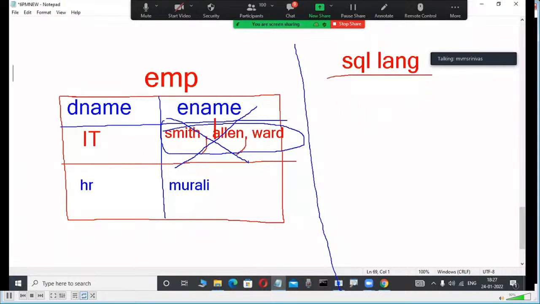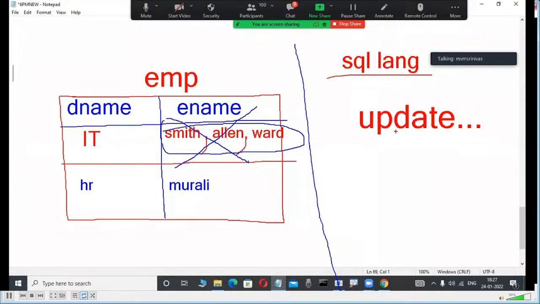What is the problem in this SQL language? Yes, we can represent multiple values separated with comma, we can create it also. Why is it not recommendable? Because of how Oracle, ANSI SQL work. In SQL, a non-procedural language, some commands are there: update, delete, select, insert. Suppose I use the update command.